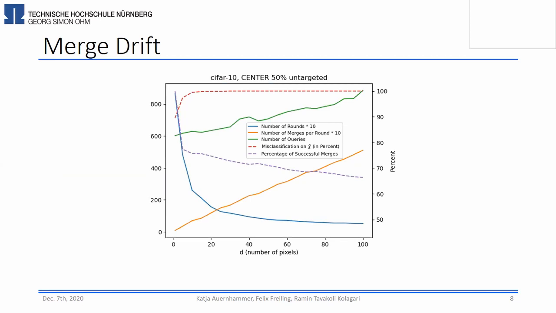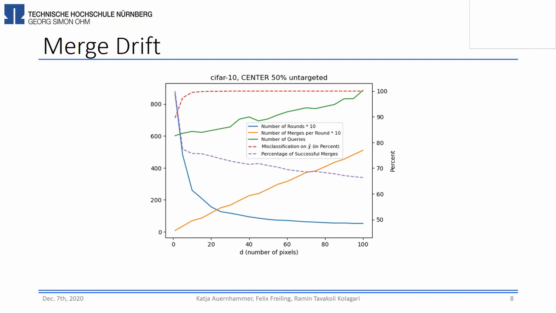And we did that by running several experiments. In each experiment, we increased the number of pixels that are perturbed in each round. And the number of pixels directly influences the amount of candidates that are created in each round. And here we see the resulting graph.